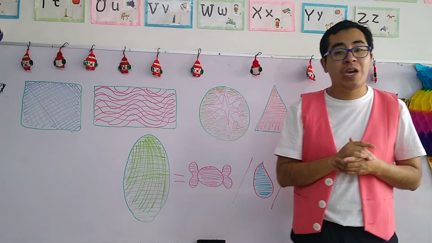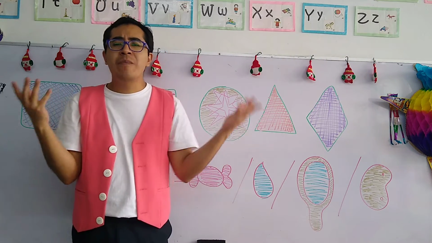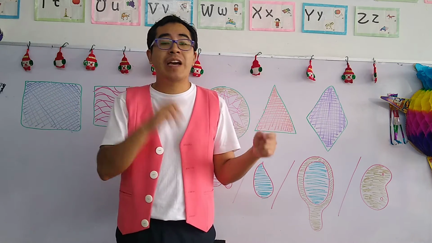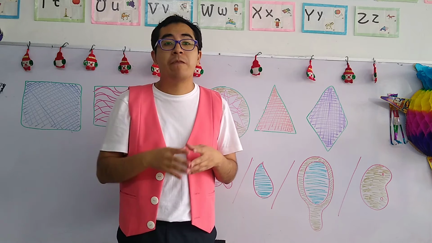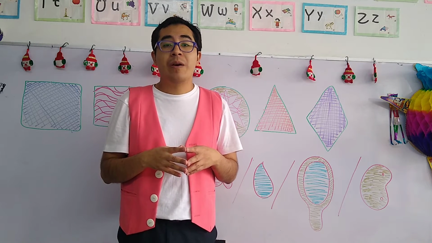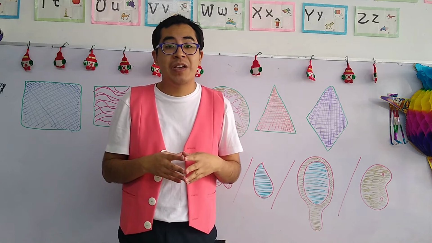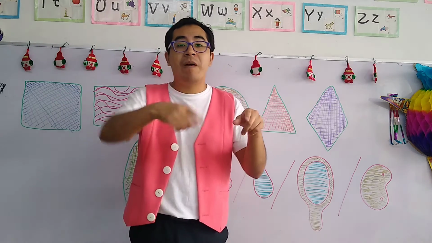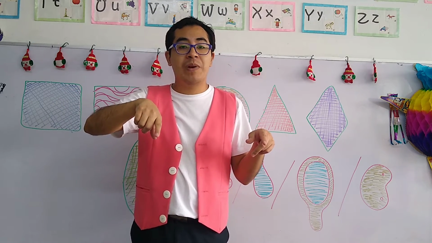Continue with the geometric shapes. We have the triangle. Now, do you remember, ustedes se acuerdan, what are some objects that have this shape? Like a pyramid, for example. Okay, another, like a slice of pizza. Remember, the circle has the shape of a full pizza, de una pizza completa.